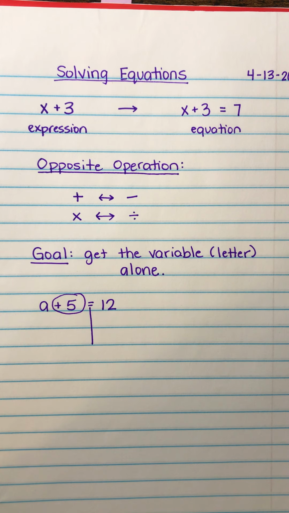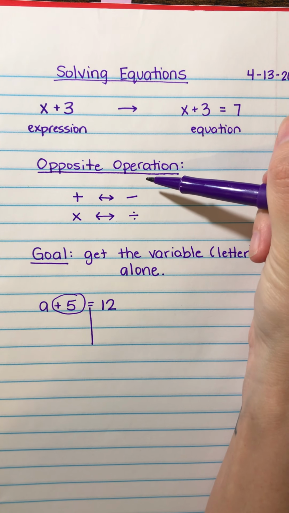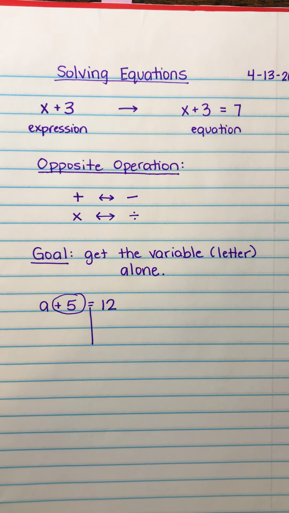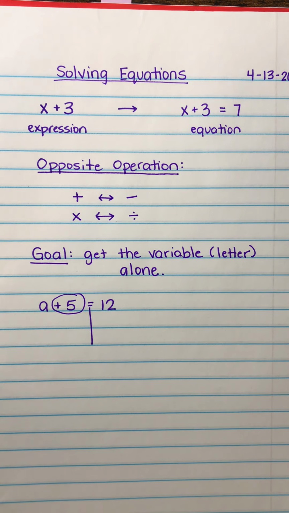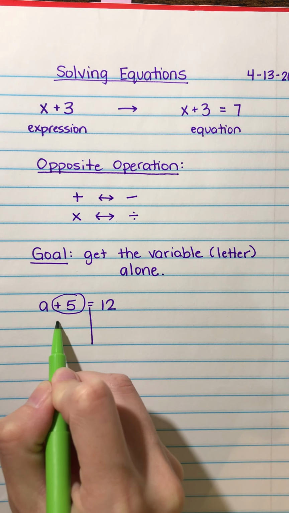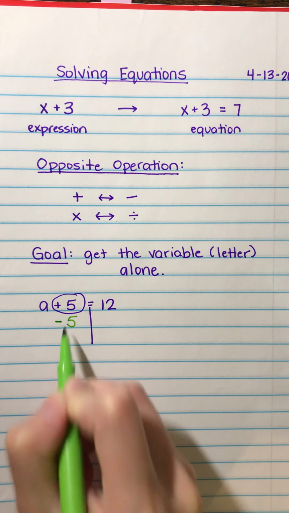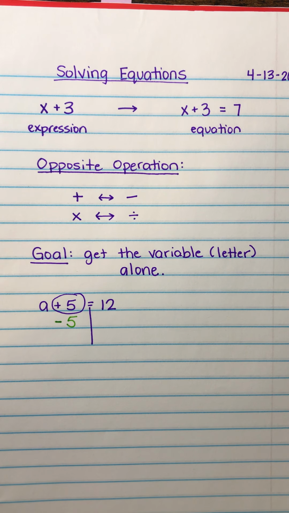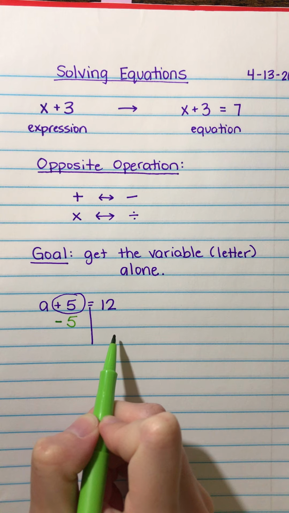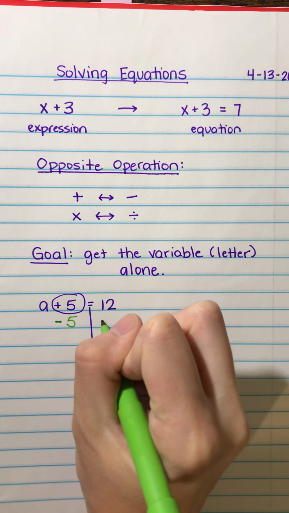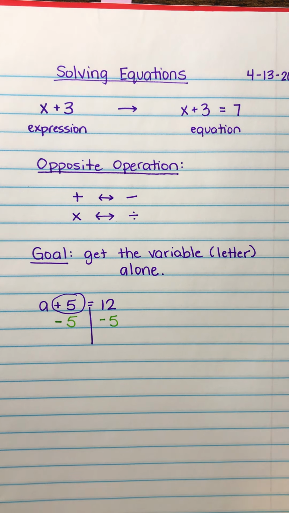The way I'm going to do that is the opposite of adding 5, and we said up here that the opposite is to subtract. So instead of adding 5, I'm going to subtract 5. And what I do to one side of the equal sign, I have to do to the other. That's always going to be a rule moving forward in math.